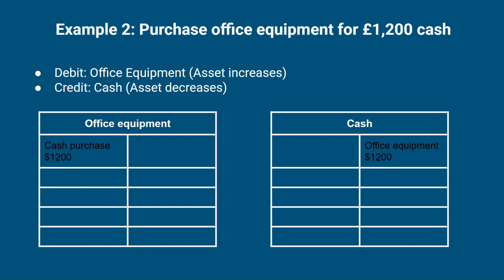The business is losing cash, but at the same time gaining some sort of expense for the future's benefit of the company. So we credit it in the cash section.